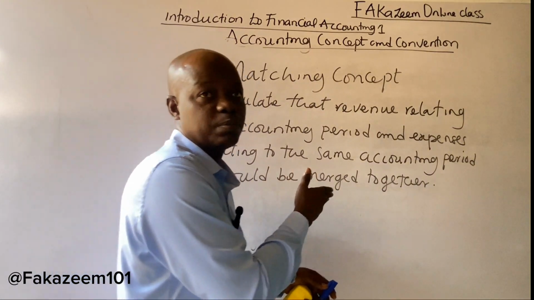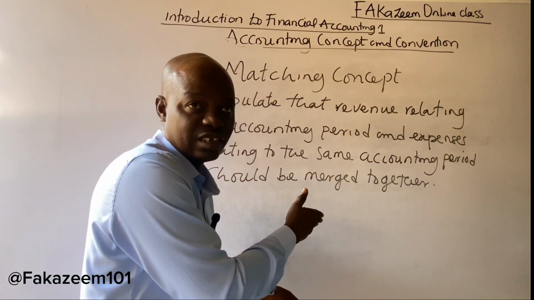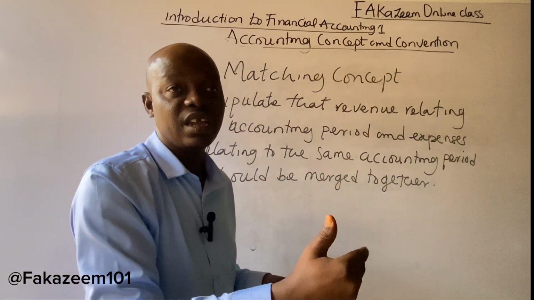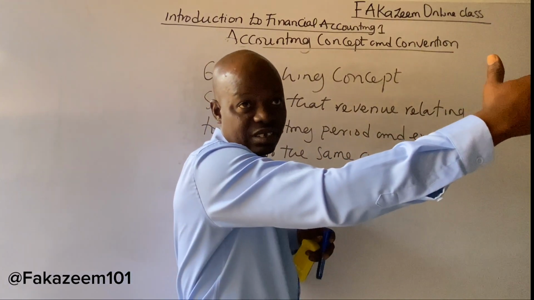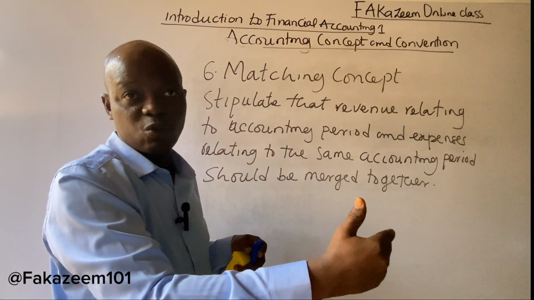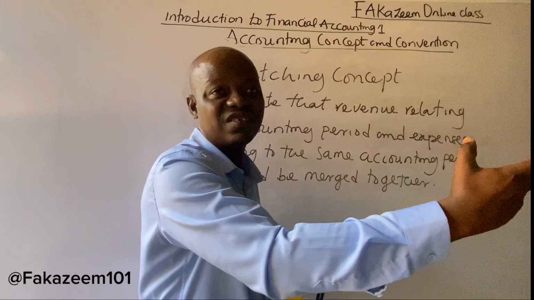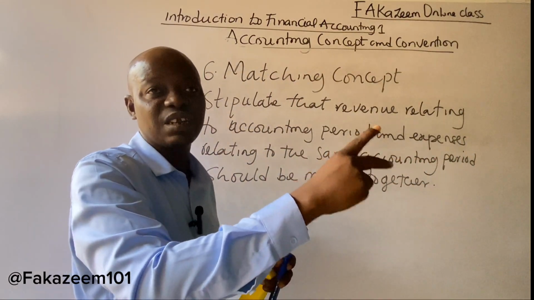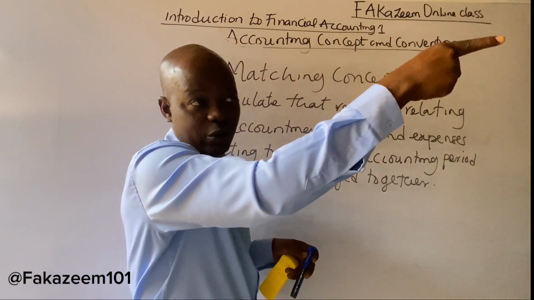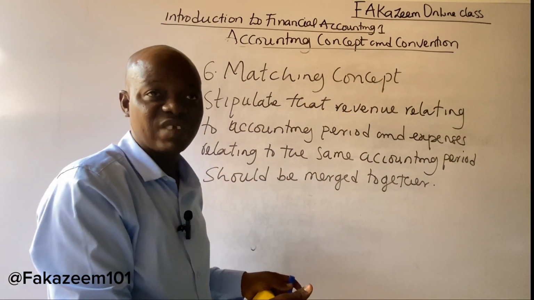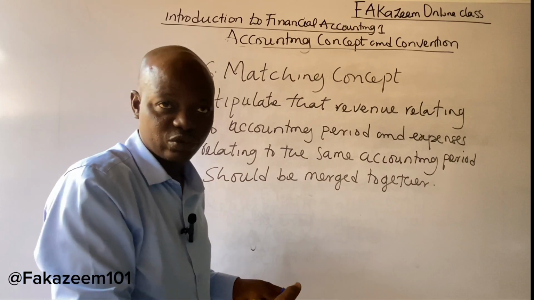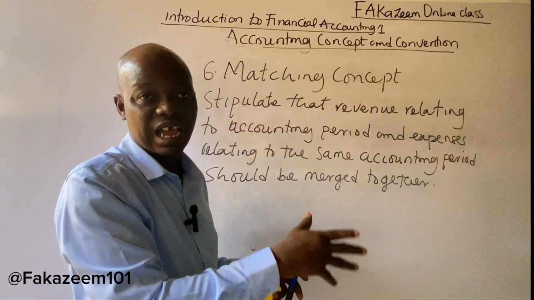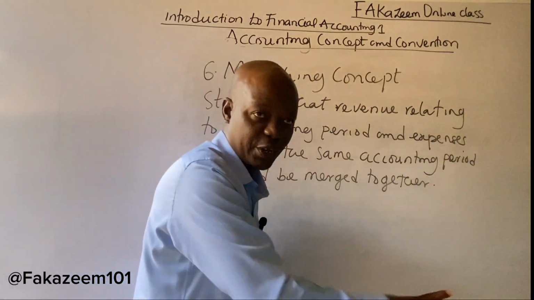This is a very good guideline for accountants: if goods are sold, in some cases, customers pay upfront for like 15 months. An accounting period is 12 months. What the accountant is to do is to apportion the sales of 12 months out of the 15 months and push the remaining 3 months to another accounting period. The reason is this: the sales of that 12 months that is apportioned will be used to deduct from the expenses of the same 12 months in order to arrive at profit for the same period.